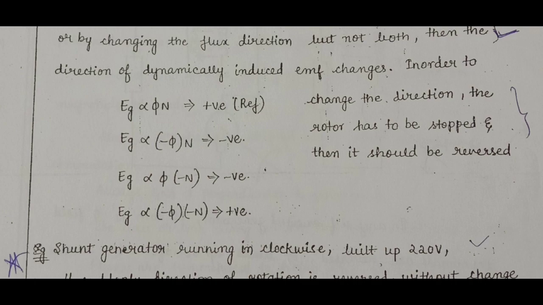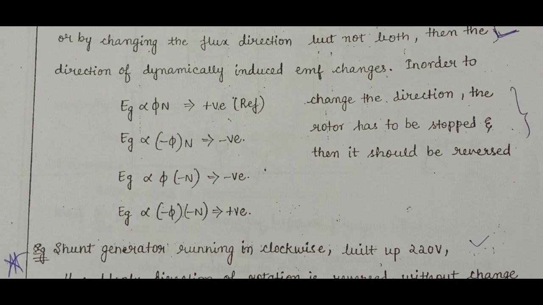So generated EMF is directly proportional to flux, conductors and speed. Now I want to change the direction of generated EMF. So to change the direction of generated EMF, we should change the speed direction or change the flux direction, but not both.